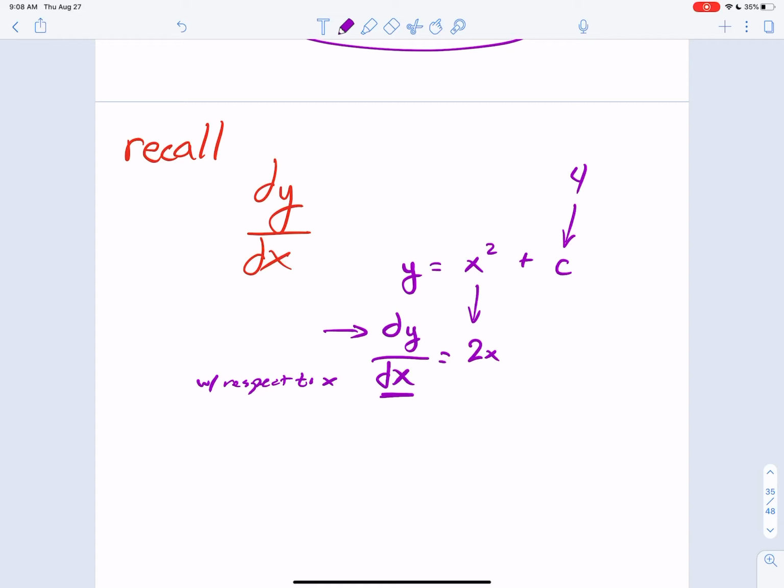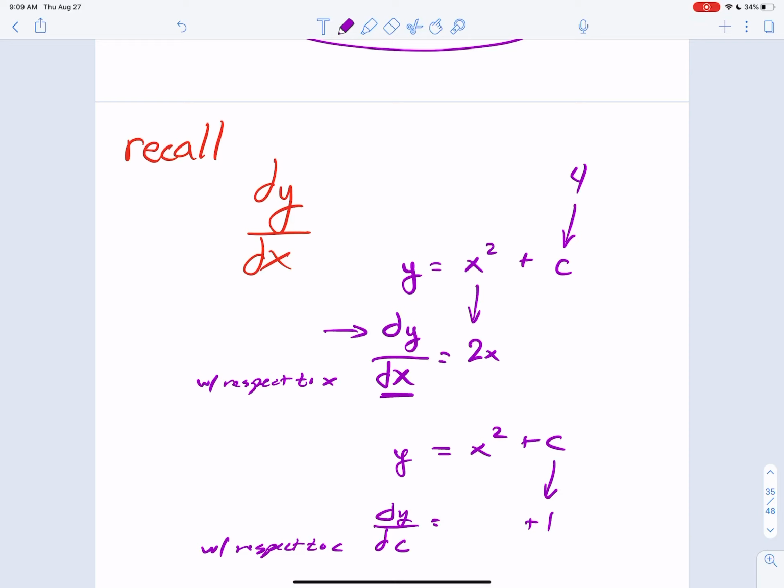Okay? Now, if I have y equals x squared plus c, and I wanted to find dy over dc, I have with respect to c, meaning c is my only variable, and any other letter will be treated like a constant. So the derivative of c is just a +1.